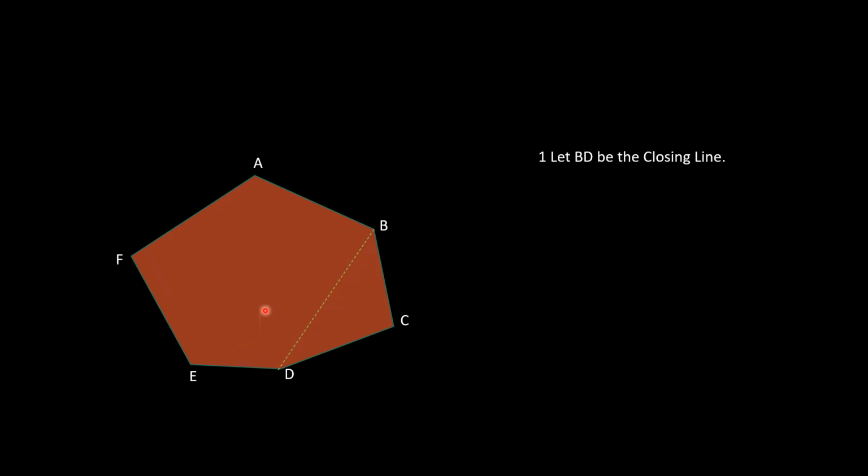Next, we consider track A, B, D, E, F, and A. Being a closed polygon, we'll be able to determine its latitude and departure by summing up all the departures and all the latitudes of the courses in that track and equating them to 0.